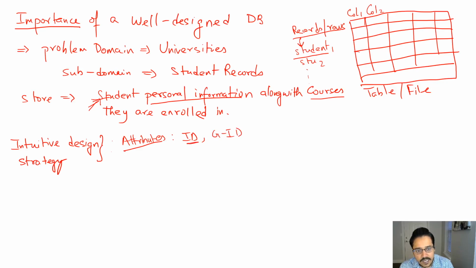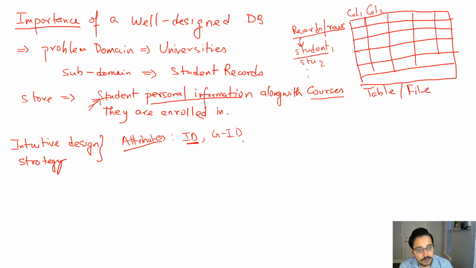This ID here is basically the row number that we have in the storage location. Whereas the Grizzly ID is something more practical that has been assigned by the university. It does not necessarily exist in the real world, but it has been assigned for improving the processing capabilities of your database, right?